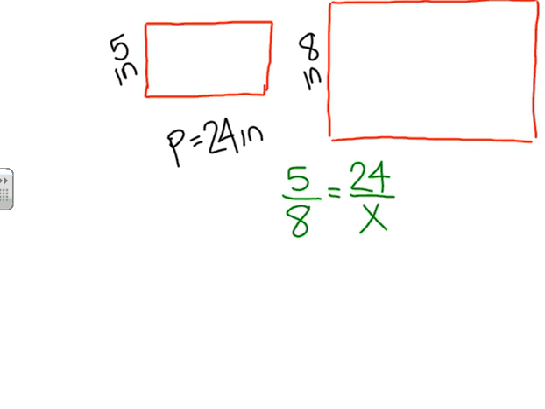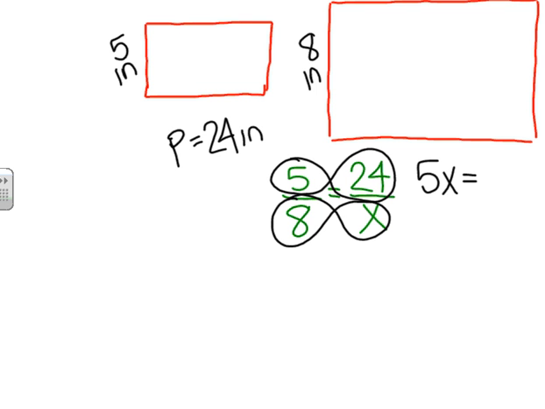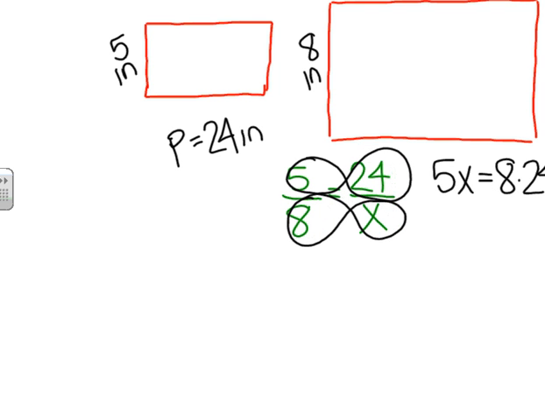Just like before, we will use cross products. So 5 times x equals 8 times 24. Eight times 24 is 192.